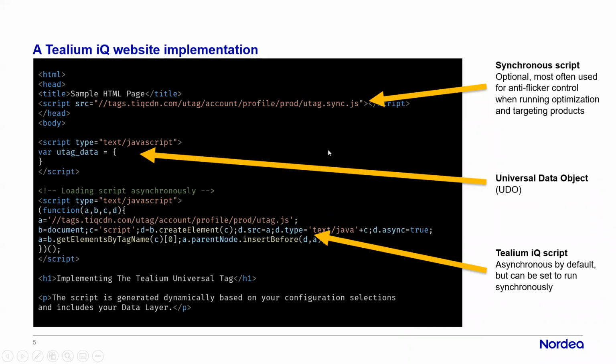Not to go into the scripts or anything, but what I want to mention is that the path of both the synchronous file and the asynchronous one down here always has account mentioned, profile, and prod here. That's what we call the environment in Tealium.